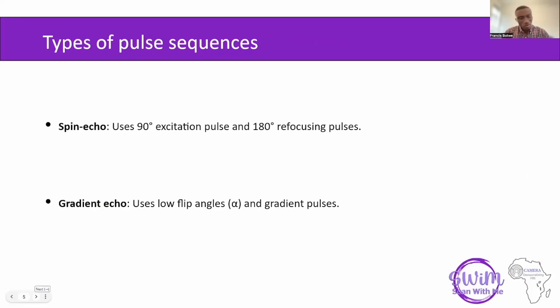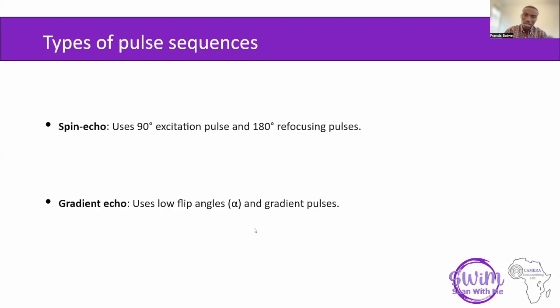So one will ask, what's the difference between the spin echo and gradient echo? As Dr. Nash was explaining in the basic MRI physics, spin echo normally uses a 90-degree excitation pulse and a 180-degree refocusing pulse, whilst gradient echoes normally use low flip angles and gradient pulses.